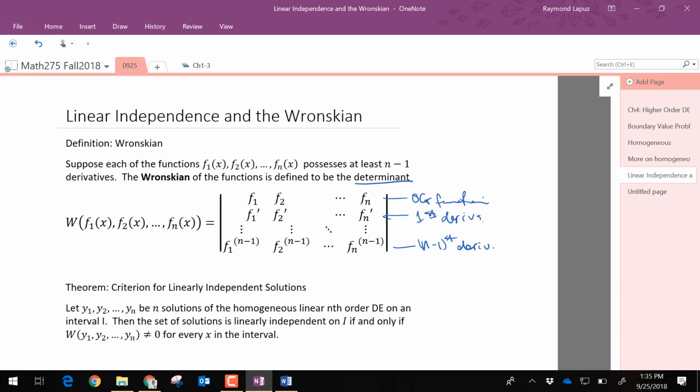But finding the determinant of these matrices requires either some linear algebra or I'll just tell you the formula. We'll find the formula for a 2x2 matrix, and then for a 3x3, it's going to be a little bit of a method. So the Wronskian is the determinant of this square matrix of functions.